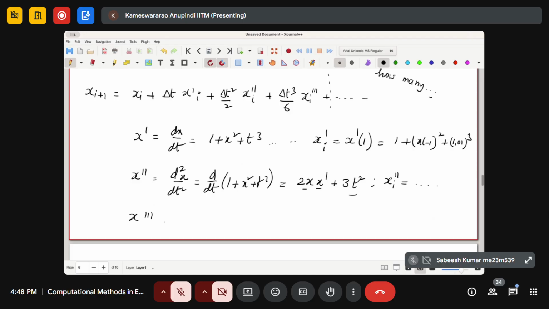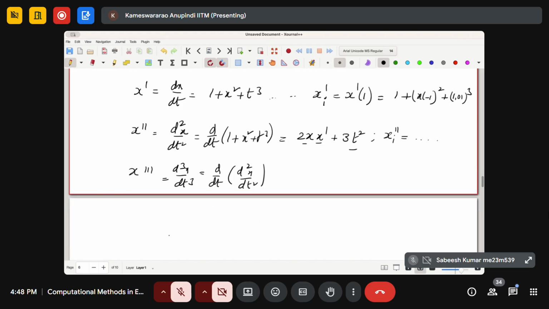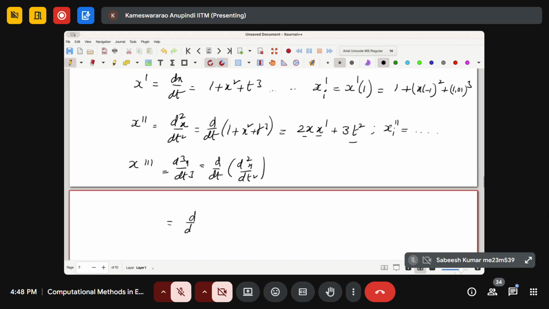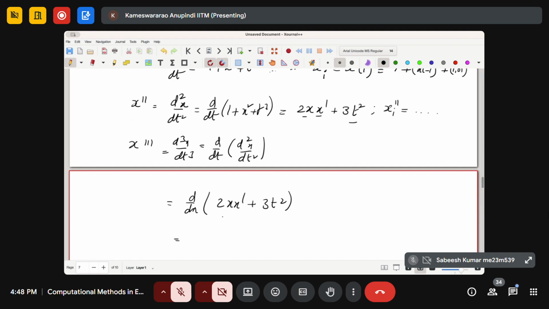Similarly, x triple prime is going to be d cube x by dt cube. That is going to be d by dt of d square x by dt square, that is d by dt of 2x x prime plus 3t square. There will be 2 terms from the first part. That's going to be 2 times x prime square plus 2x x double prime plus 6t.